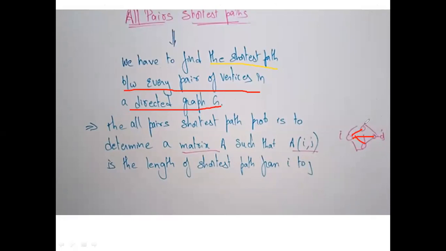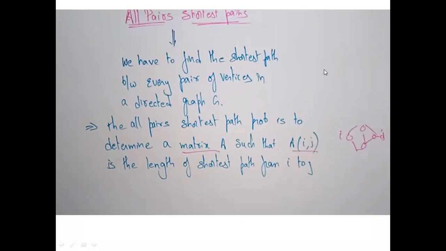Similarly from this node to this one, this one, this one, what is the shortest path? So we have to find it for every pair of vertices in a directed graph. The solution is to be determined in matrix format, a matrix called A of i comma j. That is the length of the shortest path from i to j, which we have to find.